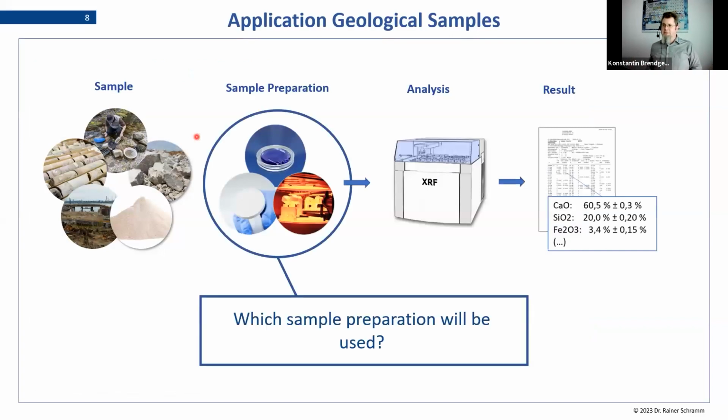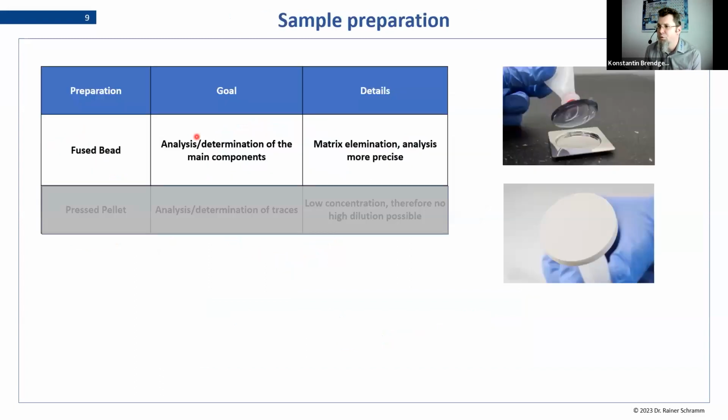Sample preparation wise, this is quite interesting in terms of, I think I already made clear, hopefully, that the spectrum of the analytes is quite large here. So in FLUXANA's laboratory, when it comes to these geological samples, we actually have a twofold preparation. We use our fused bead sample preparation, but we use that for the main components only.